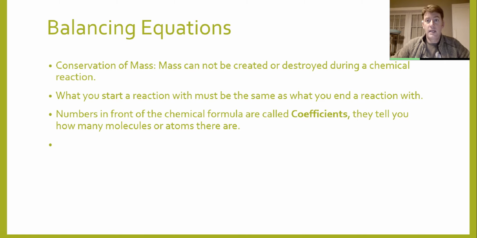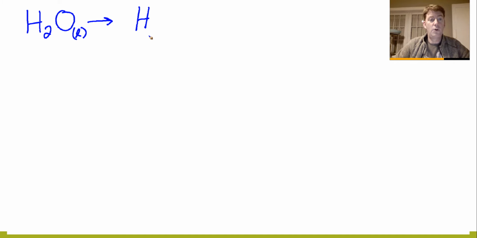So as we look for reactions here and do some examples, let's go back to some of the examples I talked about before. If we had liquid water, put the little L there, and we have a reaction take place, and we said that it's going to go through decomposition, one reactant, multiple products here.